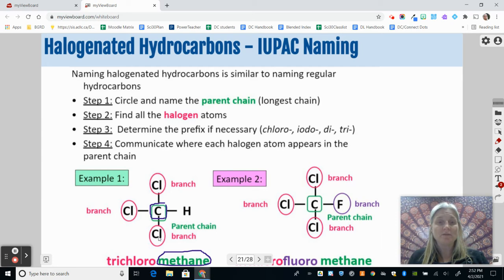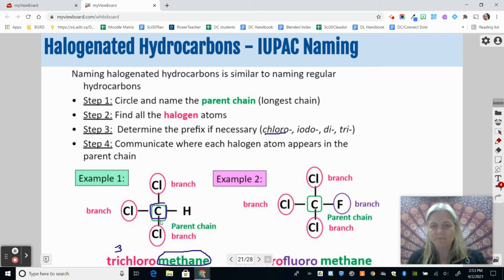We have 3 of them. 3 means, or another way to say 3 in chemistry is tri. So we have tri, and they're called chloros. We don't put chlorine. We like to abbreviate things, right? There's our abbreviation, chloro. So we got trichloro or 3 chloros. And there's only one place these chlorines could be because there's only 1 carbon. So we don't need to put any numbers in front to tell everybody where on what carbon, because there's only 1 carbon possible.